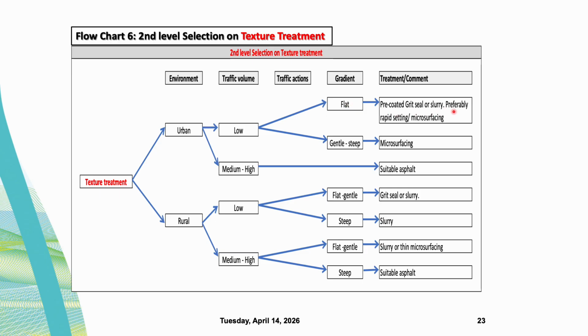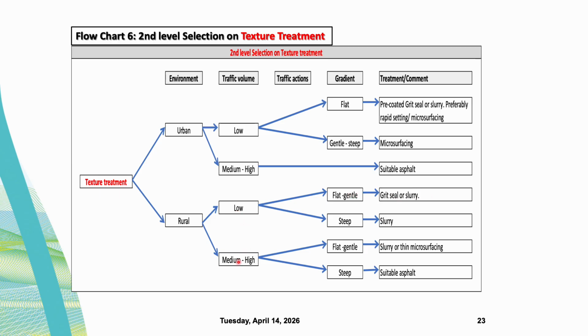A very good solution for that type of environment. Texture treatment in the rural, if you've got low traffic and you've got steep, you just use a slurry. Steep gradient, you just use a slurry. If it's flat and gentle, a grit seal or slurry.